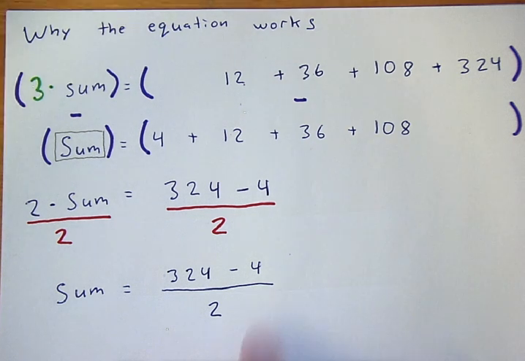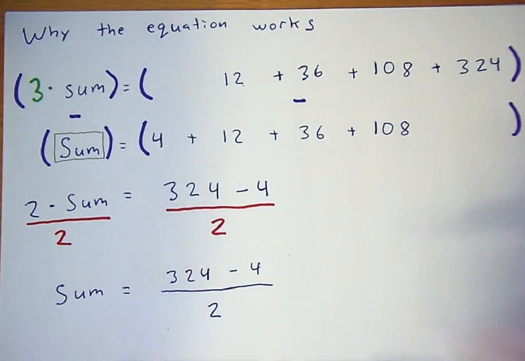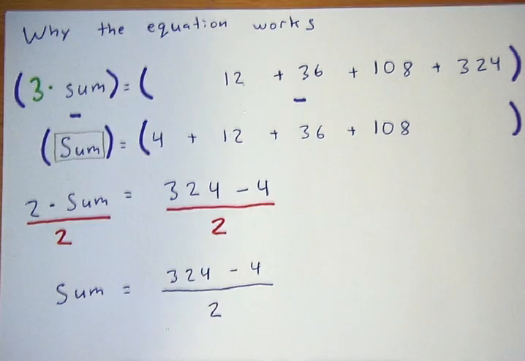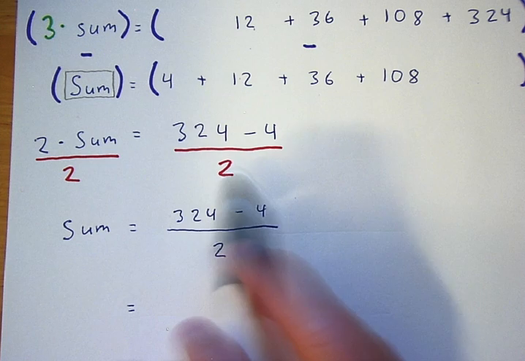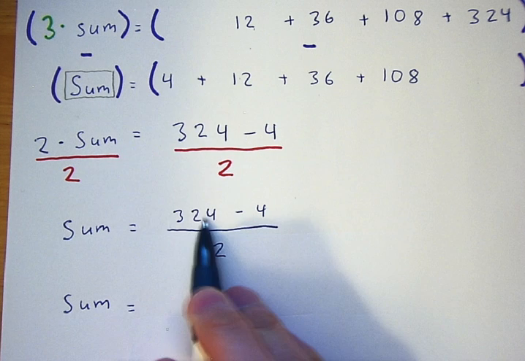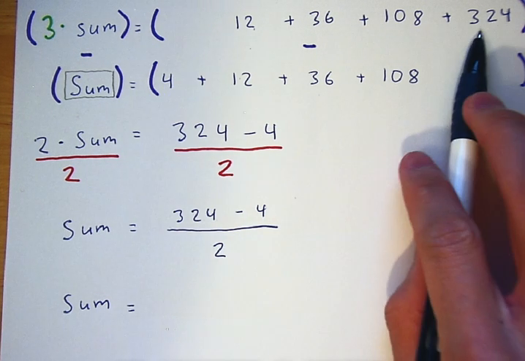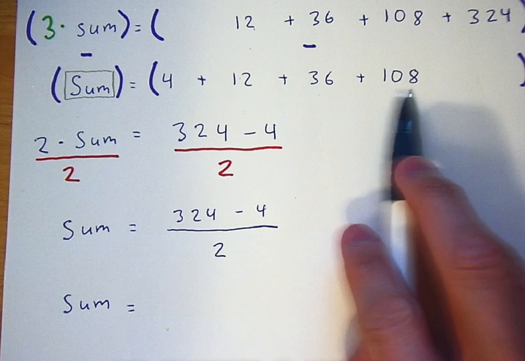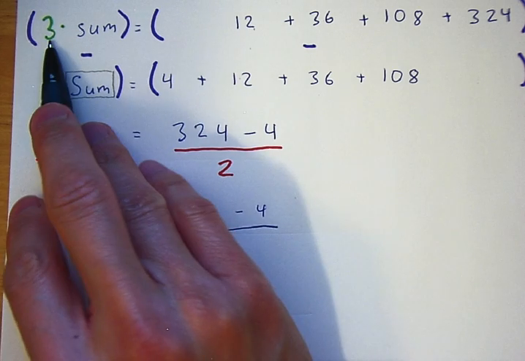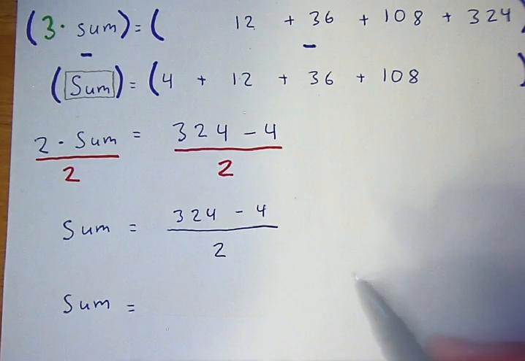Now let's take this and generalize and create the equation. So how exactly did I get this 324? I got this 324 by taking the last number, 108, and multiplying it by the 3, which is our ratio.